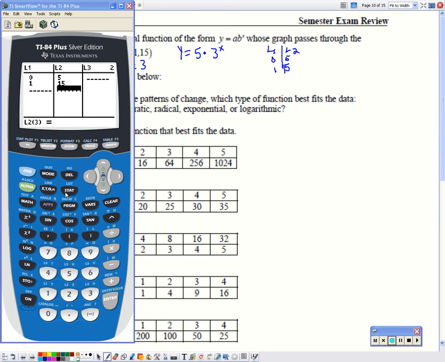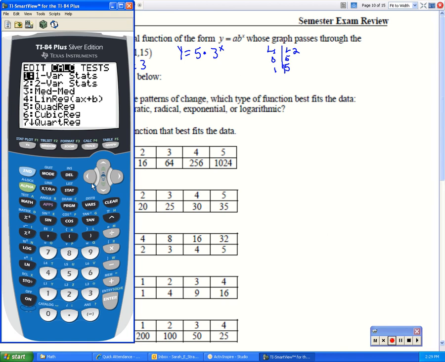Then we're going to go to Stat, Calc, and go all the way down to, I think it's 0. Yep, 0 is ExpReg, so we're going to pick 0. Because L1, L2 is the default, there we get a is 5 and b is 3 also.